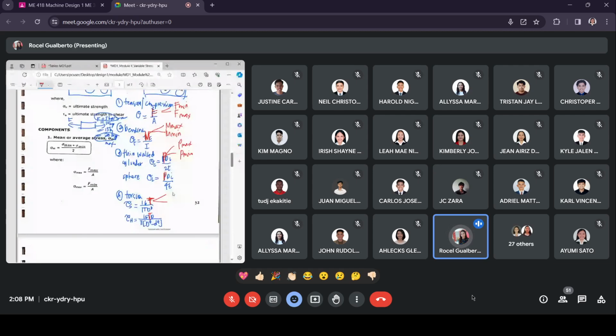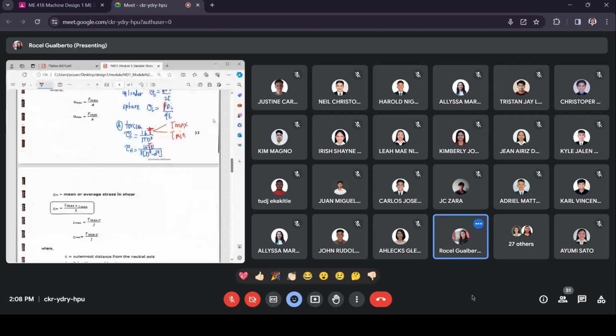This will be used in computing your sigma M and sigma A, tau M, and tau A. Now, how do we obtain the value of sigma M and sigma A? When we say sigma M, this is the mean or average stress.